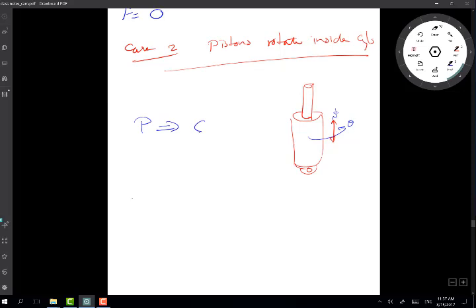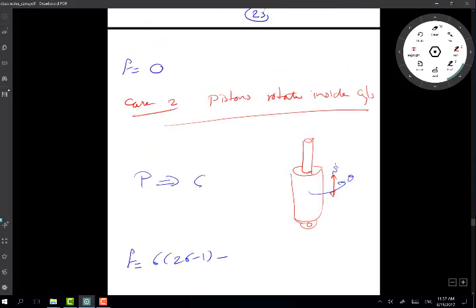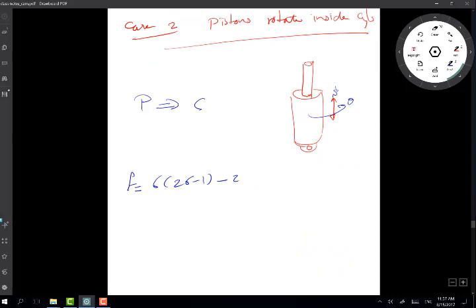So the equation will be F equal to 6 times (26 minus 1), minus 5 times 24 revolute joints, minus 4 times 6, being C now.